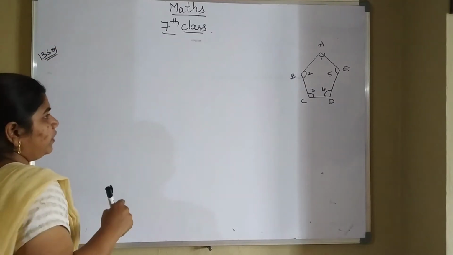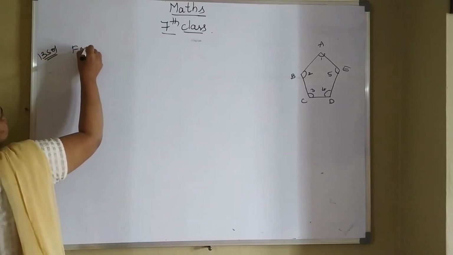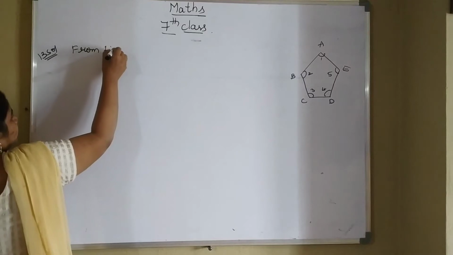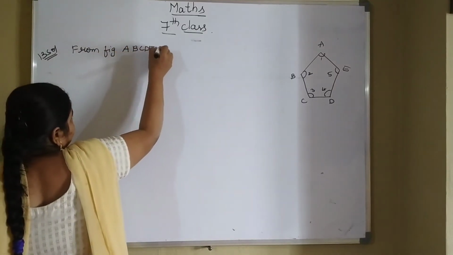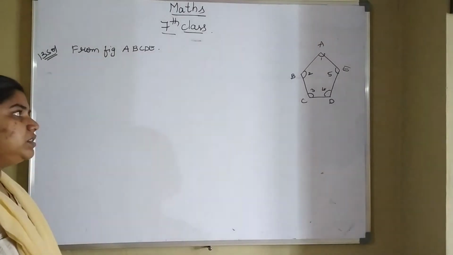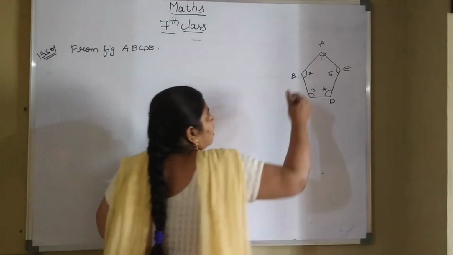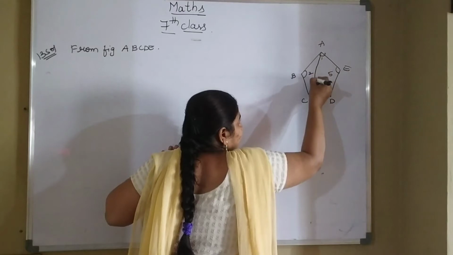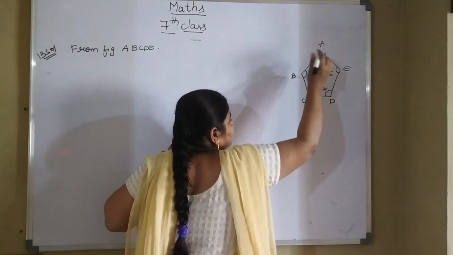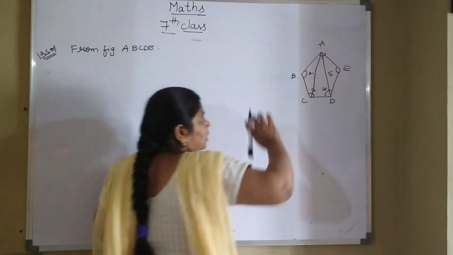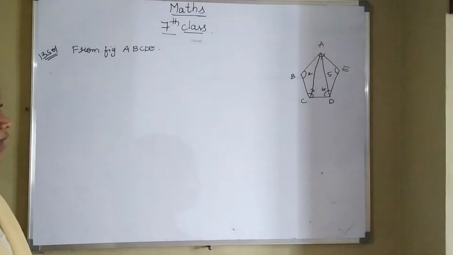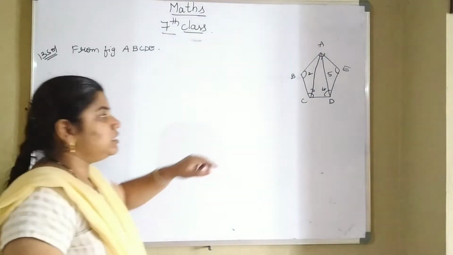So from the figure A, B, C, D, E, I am dividing this figure into 3 triangles. How am I dividing? This part is one triangle, this is the second triangle and this is the third triangle. That pentagon has been divided into 3 triangles.